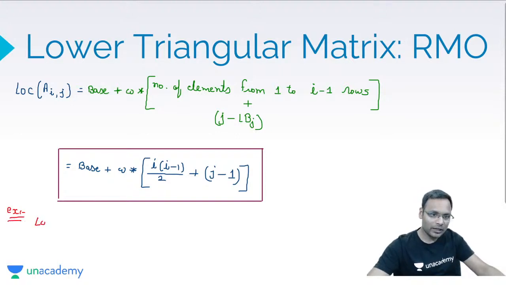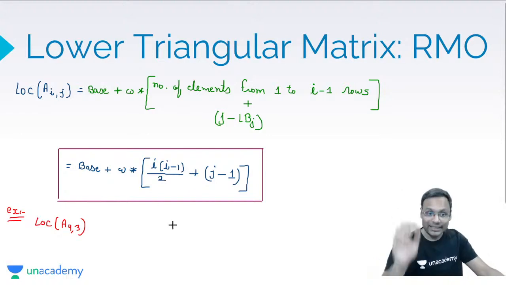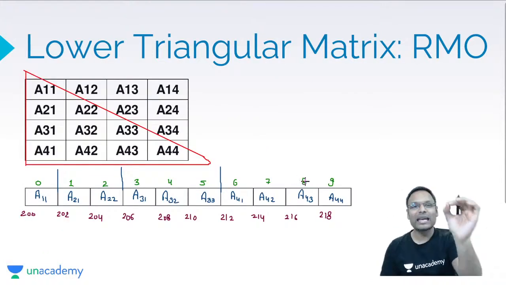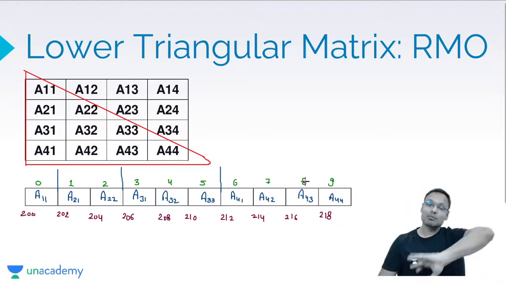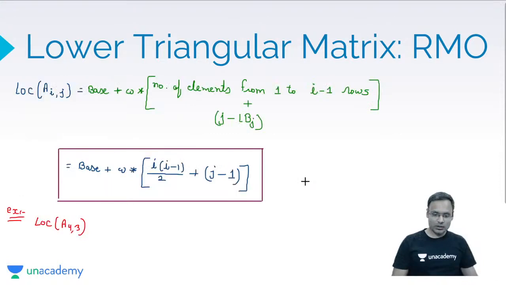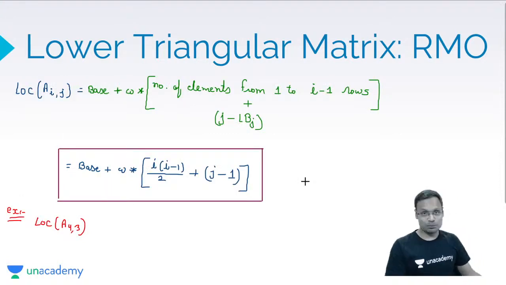If I want to calculate LOC A of 4,3, I am just interested in the second part of the formula, inside the bracket. If it can give me 8 as the relative index for 4,3, my work is done. The remaining thing is as it is 0. W is how many spaces each element takes.